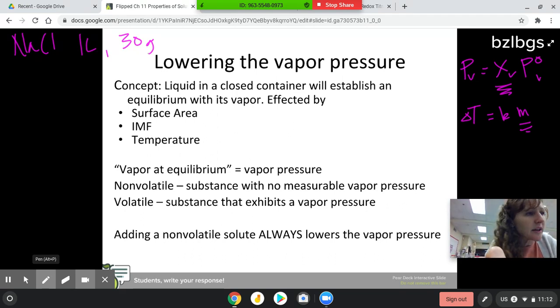Molar mass of sodium chloride is 58.44 grams per mole.